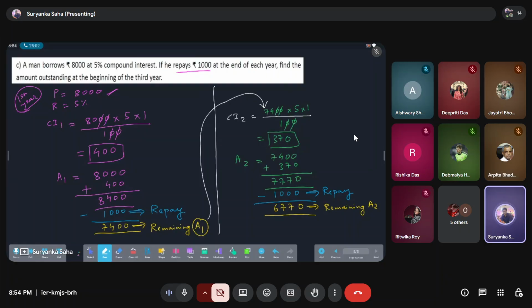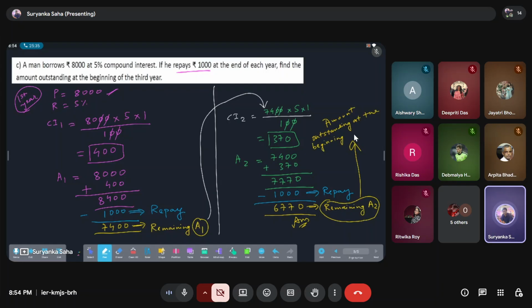So this remaining A2 is basically the answer: the amount outstanding at the beginning of the third year.